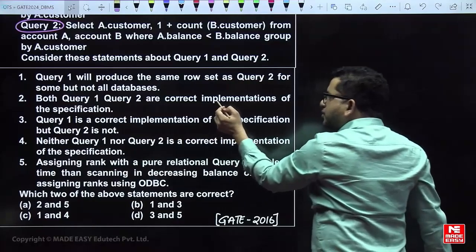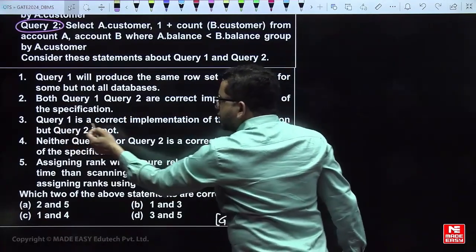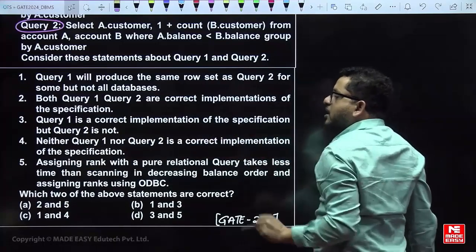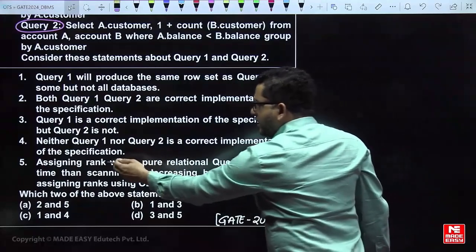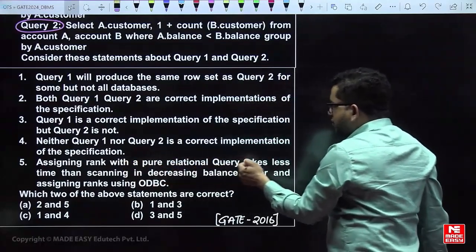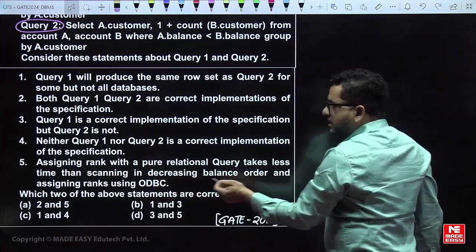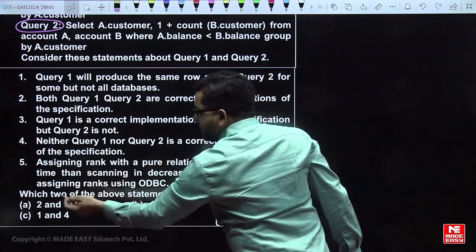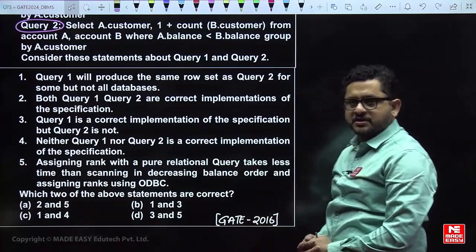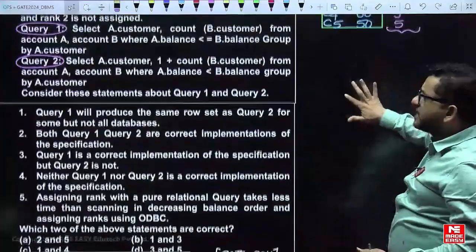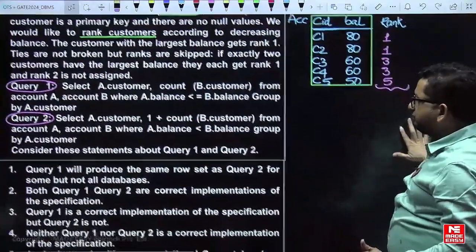Both query 1 and query 2 are correct implementations of the specification. Query 1 is a correct implementation but not query 2. Neither query 1 nor query 2 is a correct implementation. And assigning rank with a pure relational query takes less time than scanning in decreasing balance order and assigning ranks using ODBC. Which statements are true? It's a GATE 2016 question, so it is a little lengthy question. Let's see this one.